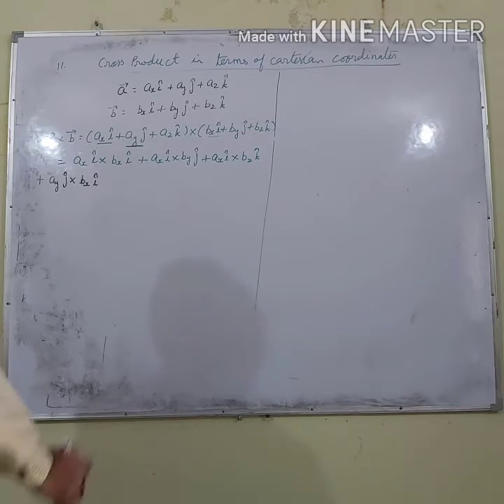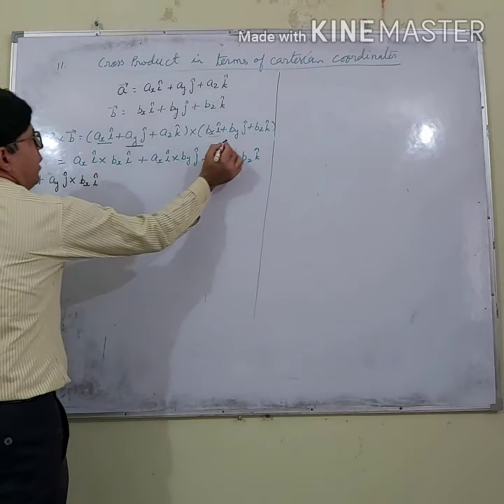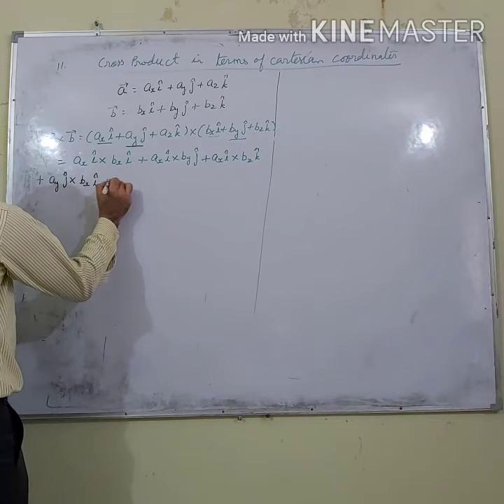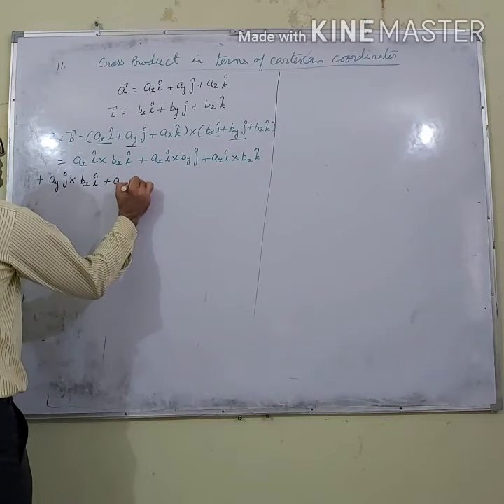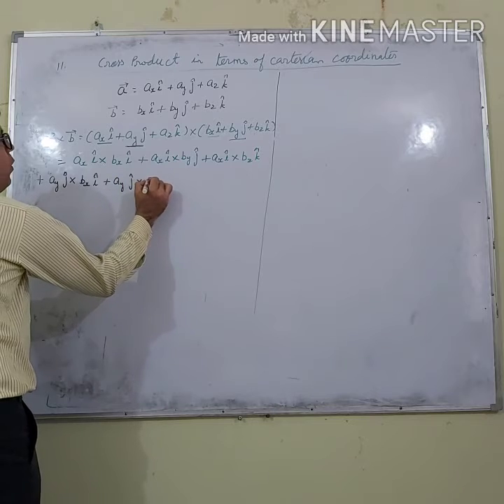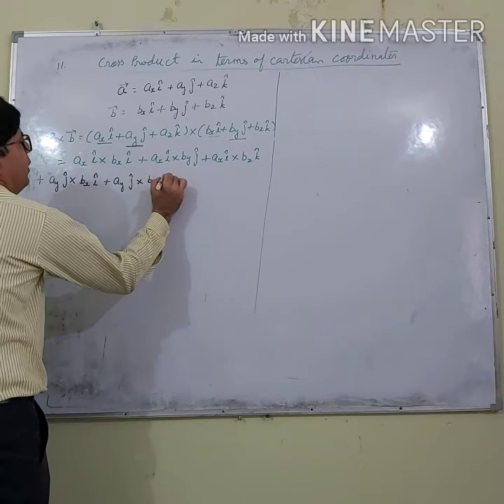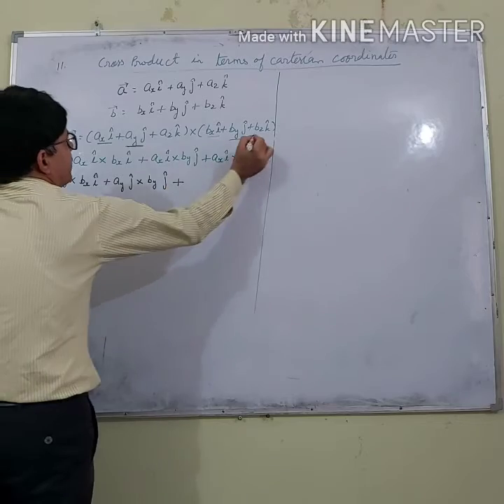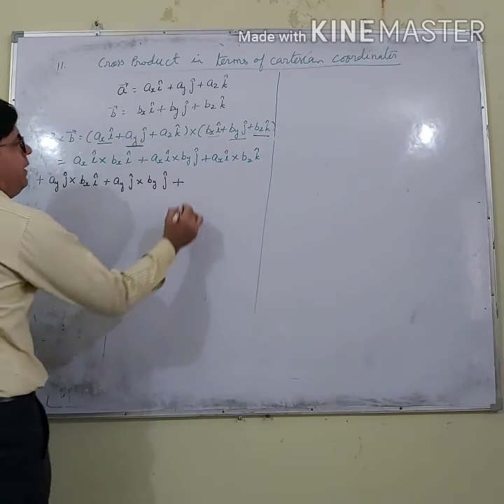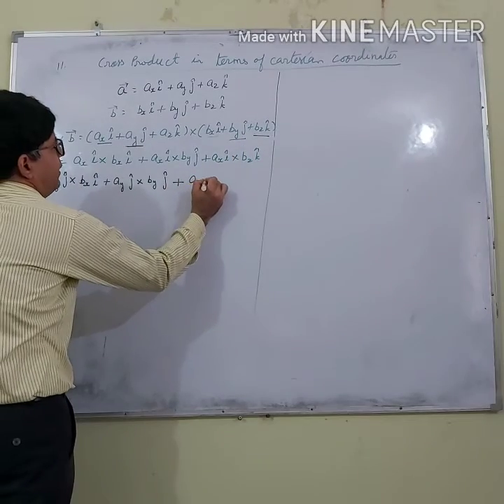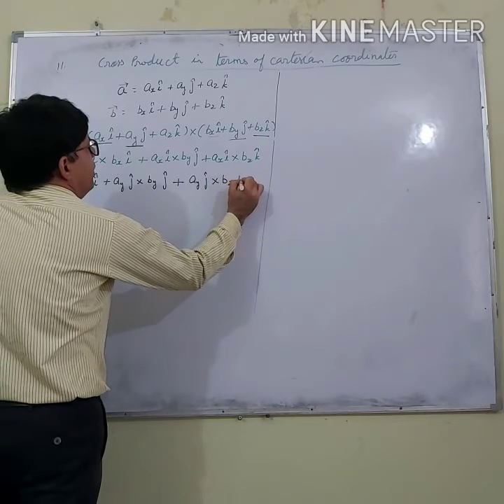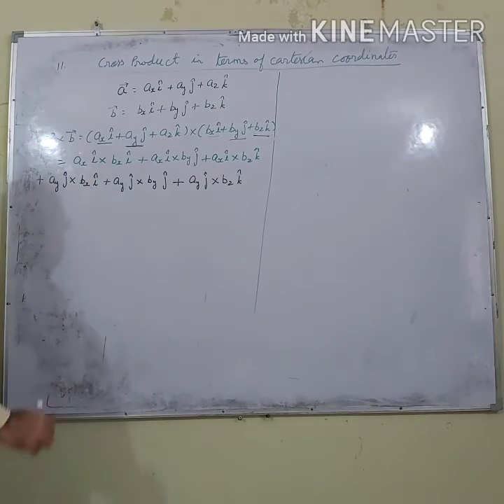Plus, now with this, A_y j cap cross B_y j cap, plus with this B_z, A_y j cap cross B_z k cap. So this is multiplied.